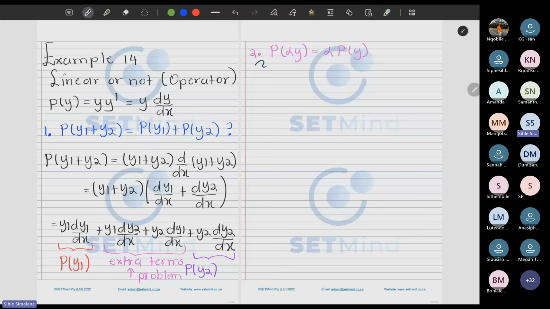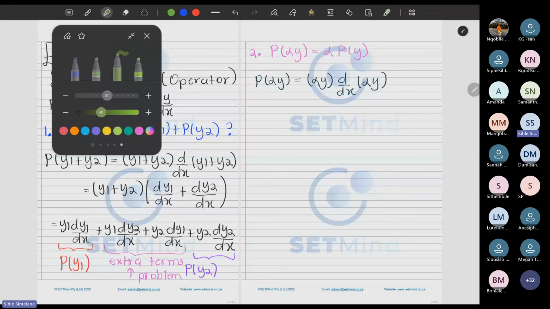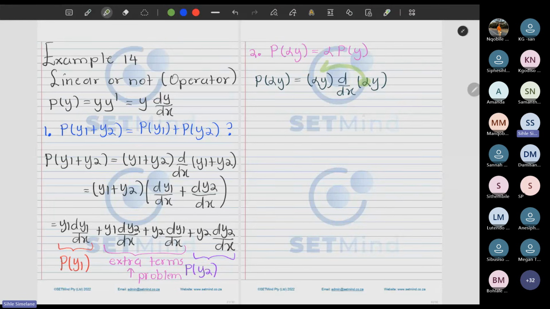Wherever I have y, alpha y, then the derivative of alpha y. You guys know that whenever we have a derivative, the constant we can take out. If you observe carefully, our p of alpha y will end up being alpha squared times y dy/dx.